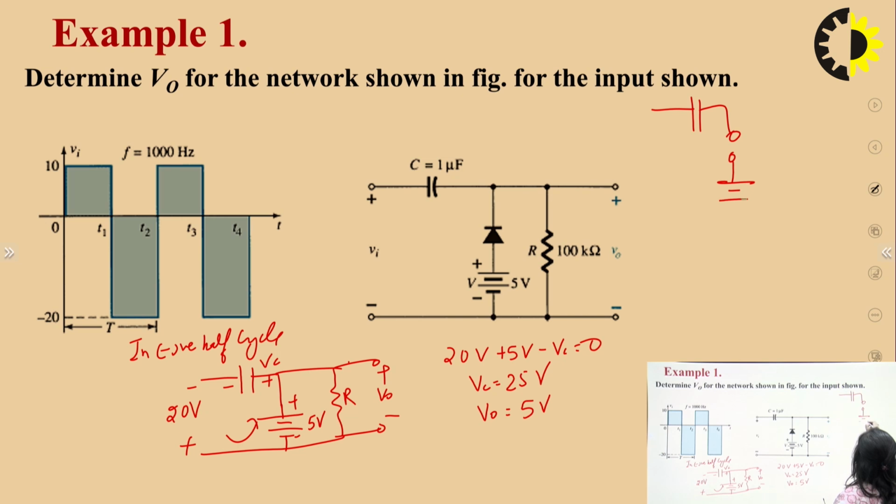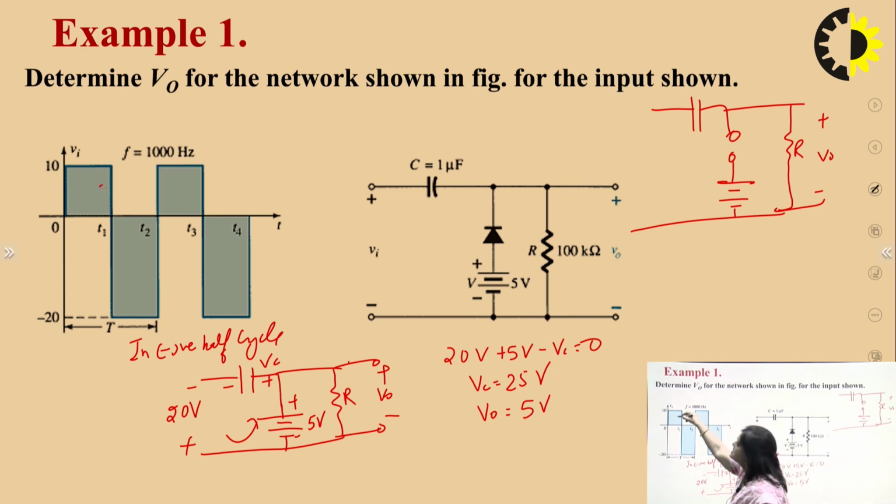So this will be the circuit. This is the resistance. This is the output voltage here. And now the positive half cycle, we can see the positive half cycle, this 10 volt is there. So it will be 10 volt plus minus. Now the polarity of the capacitor will be same, because it will not discharge due to the high value of the resistance. So it will be equal to VC.